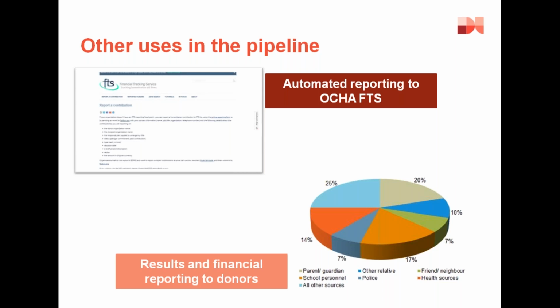Similarly, we know that some donors or fund providers are looking to use IATI data in terms of monitoring results and financial reporting, using the information provided through IATI to reduce the reporting burden that grantees often have in relation to their donors.